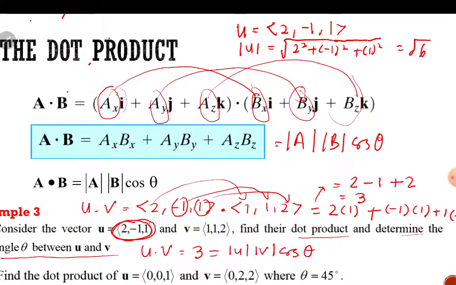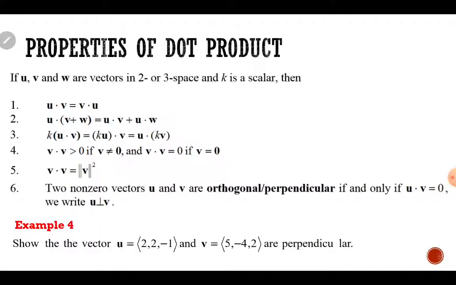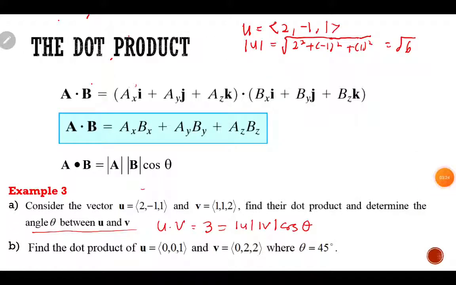Alright. Dan untuk V pula, our V is (1, 1, 2). So magnitude V will be square root of 1 square tambah 1 square tambah 2 square, right? So we're going to have 1 tambah 1, 2, 2 tambah 4 is square root 6.